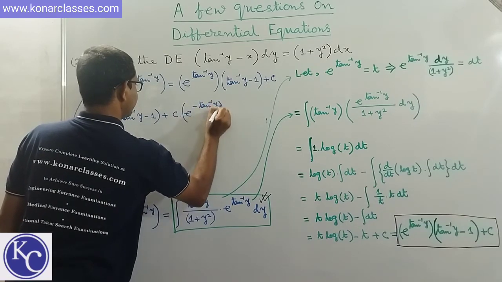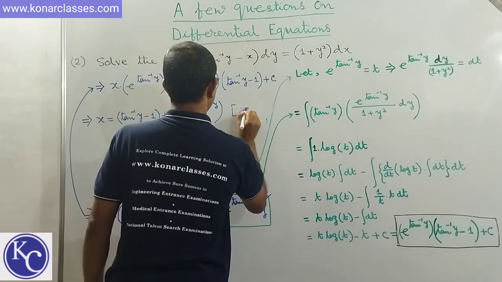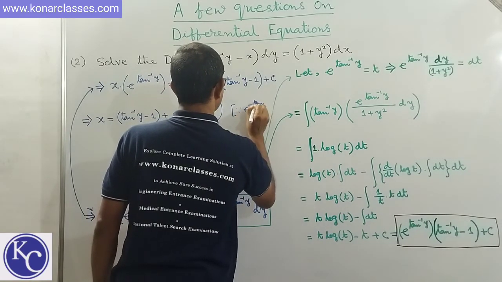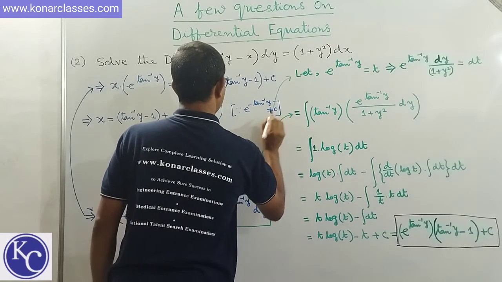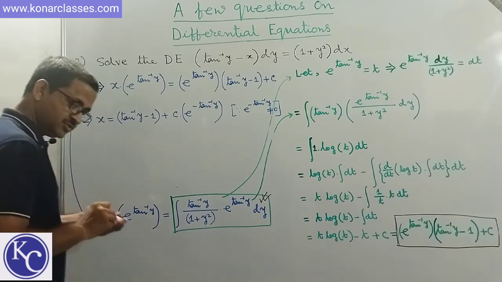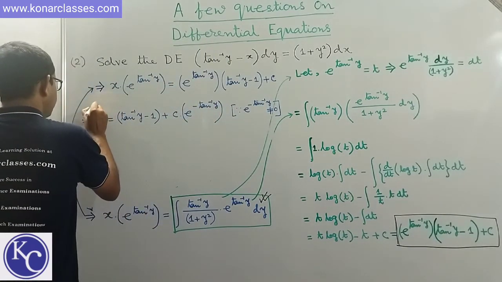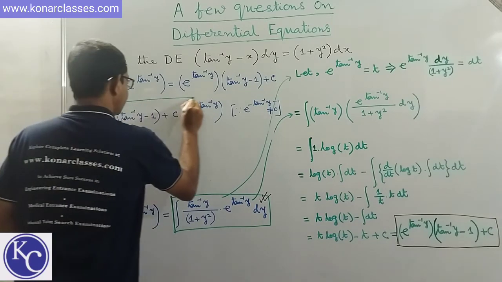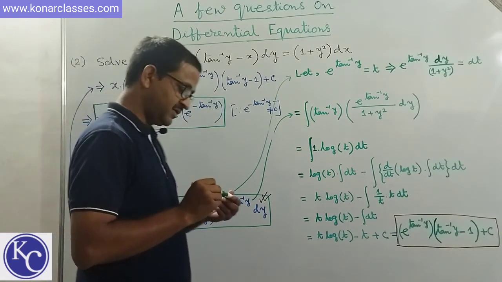We can multiply both sides because e power minus tan inverse y is not equal to 0. So now this is the solution to the given differential equation: x equals tan inverse y minus 1 plus c into e power minus tan inverse y.